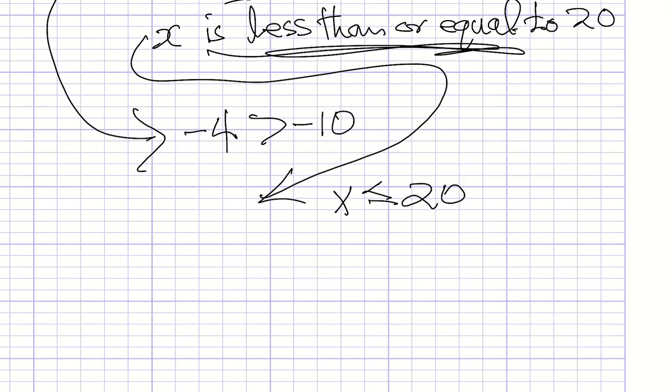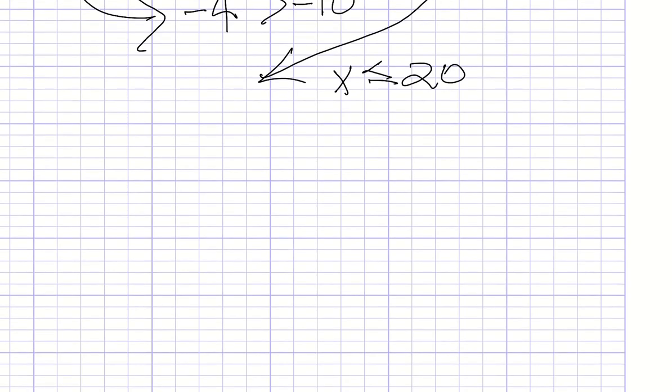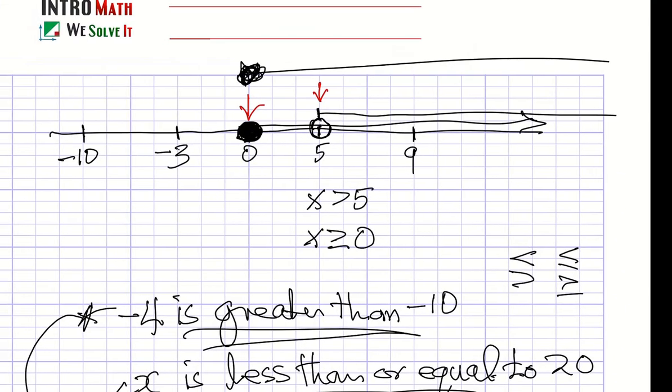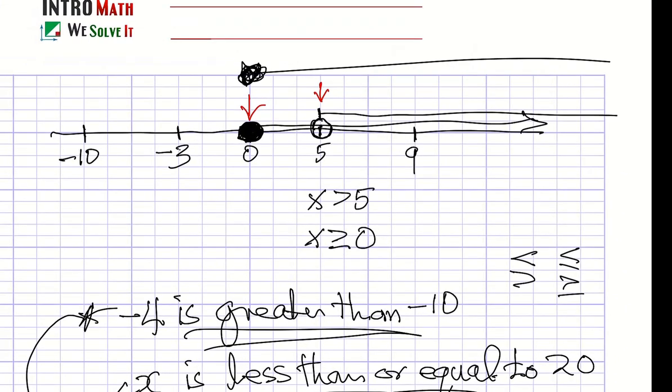Okay, there's another thing I want to show you before we continue. You're going to see this. Let's go back here. Look over here at 0. I want to show you another concept. What are the numbers to the left of 0 and to the right of 0?